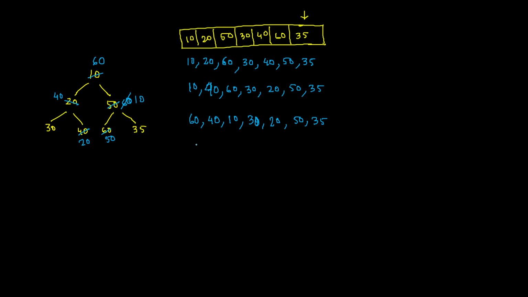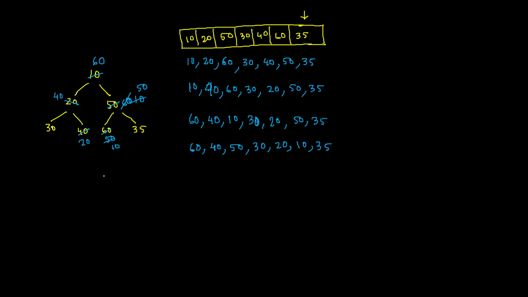So that means 60, then 40, then instead of 10, 50 will come, then 30, then 20, then 10, and then 35, something like this. So it will become 50 here, and ultimately 10 will come here. And since 10 doesn't have any more children, I mean 10 is a leaf node, there is nothing to check.